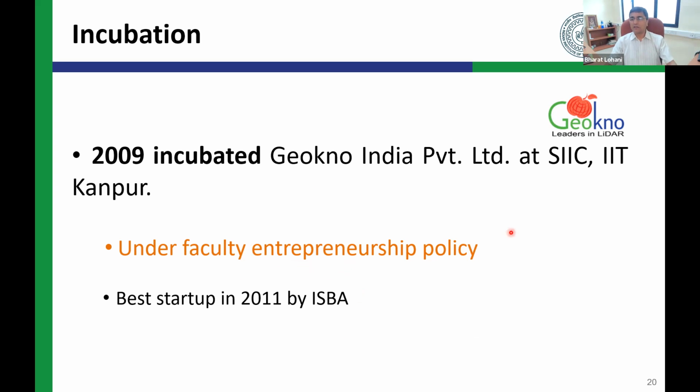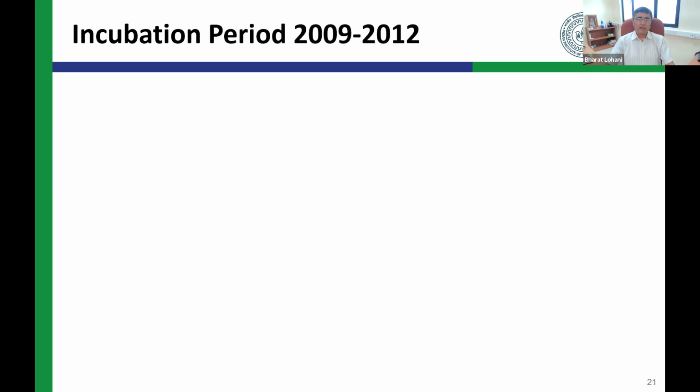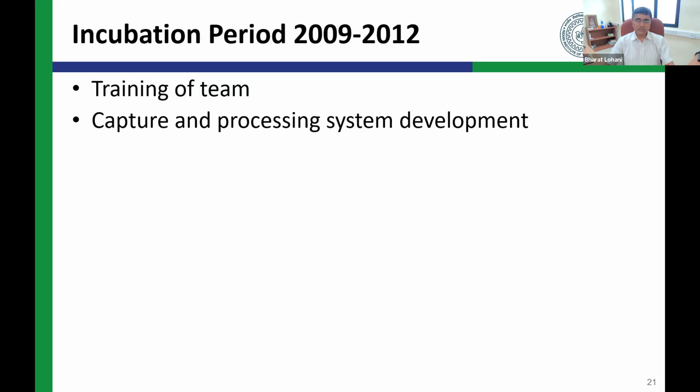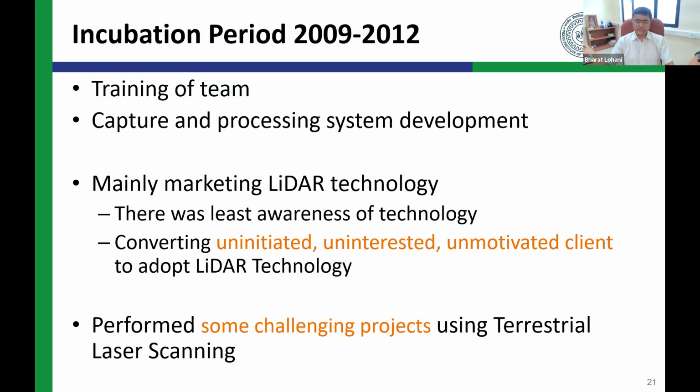Of course, the company did many things. At that time, this used to be our logo, and of course, now we have moved to a new logo. From 2009 to 2012, I had to prepare the team, train them in the technology, and do all those things. And of course, we did some very challenging projects using terrestrial laser scanning.